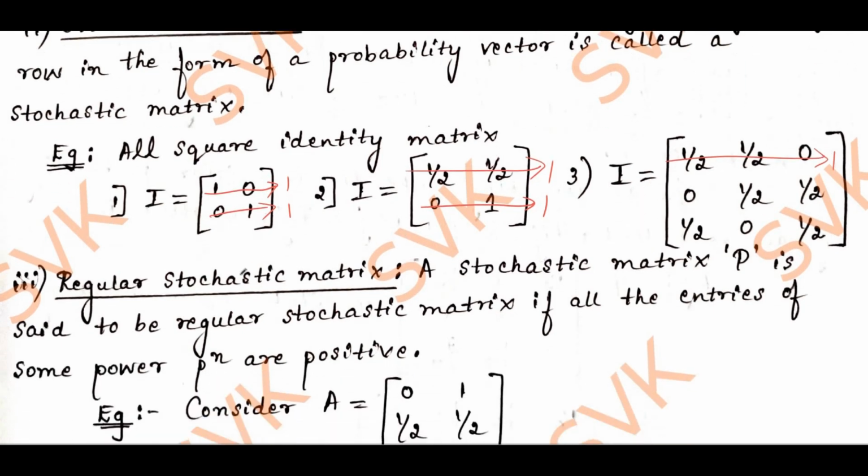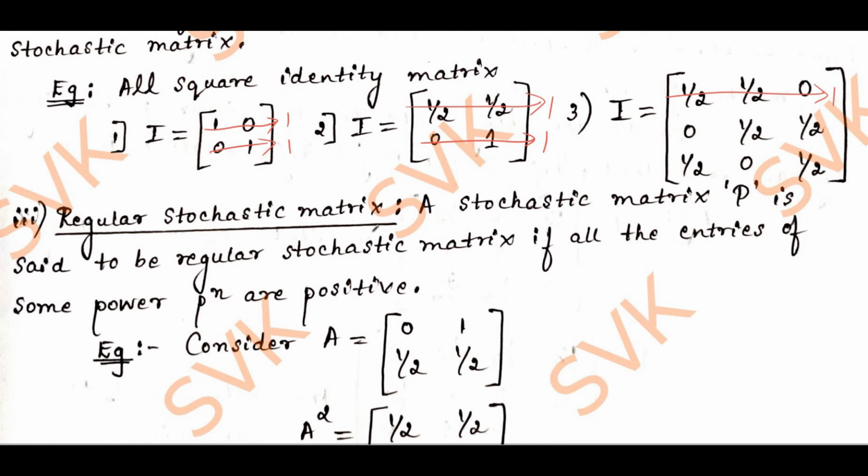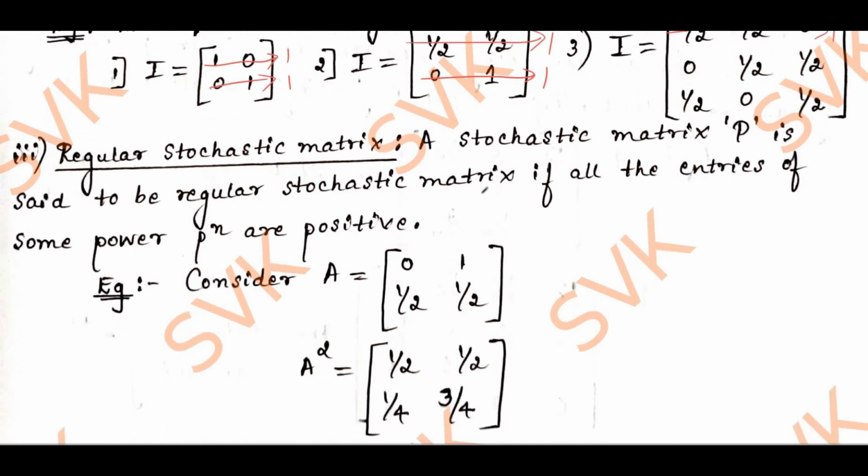Similarly, when we say that it is a regular stochastic matrix, it means that whatever the element considered in the probability matrix becomes a non-zero element. The definition says that a stochastic matrix P is said to be a regular stochastic matrix if all the entries of some power n, for positive value, are non-zero.